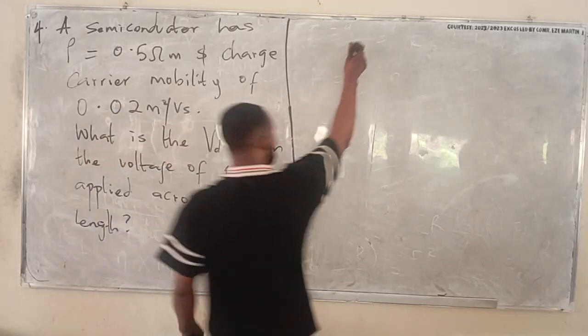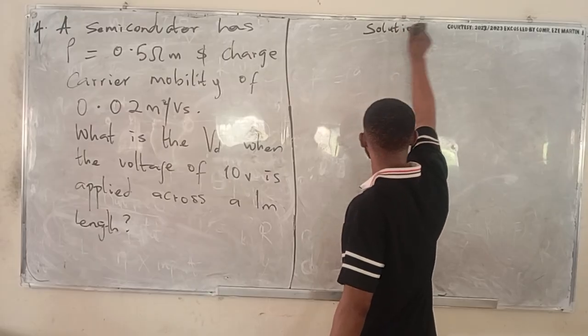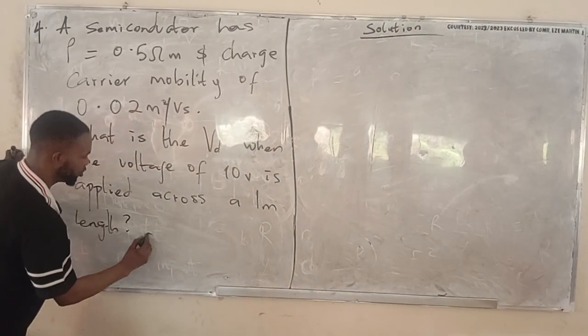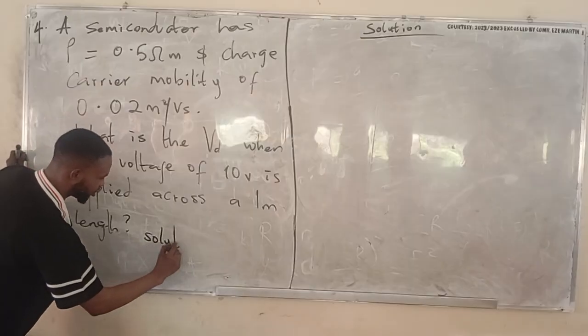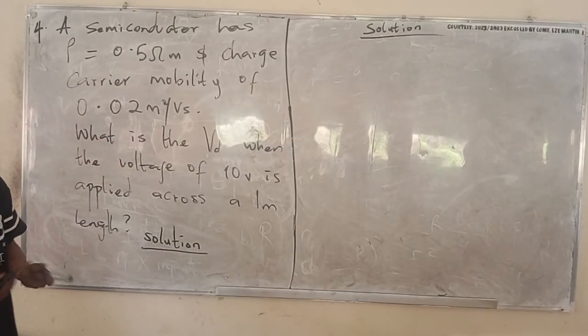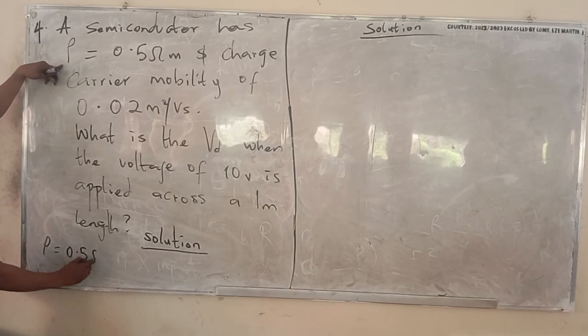So now let's write the solution. I've told you before, there are some things you don't know the answer to. Once you write the solution, inspiration will come. So, solution. Alright, let me pull out resistivity. Every material on earth has resistivity.